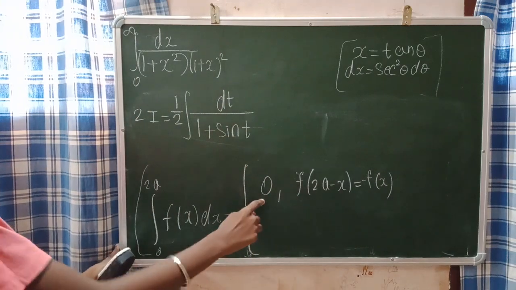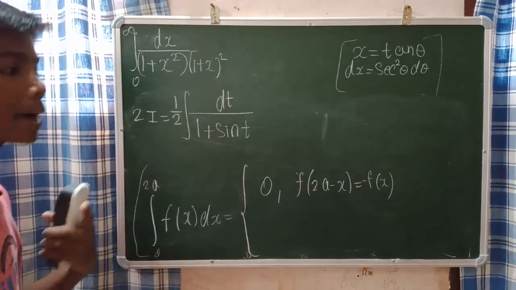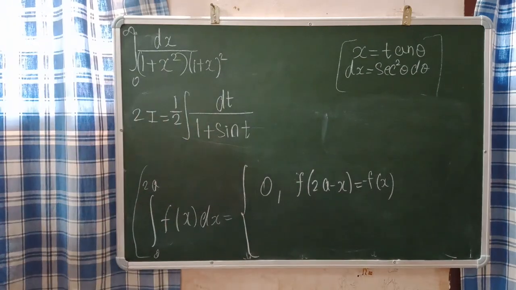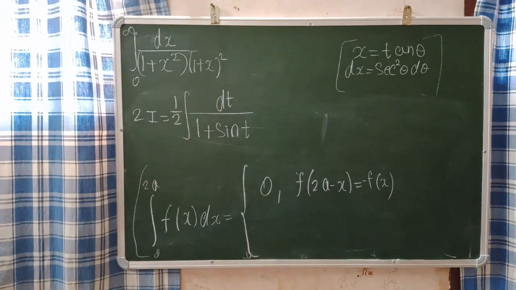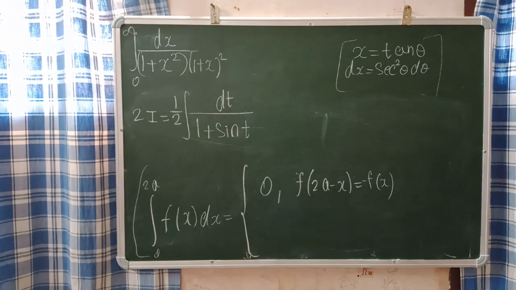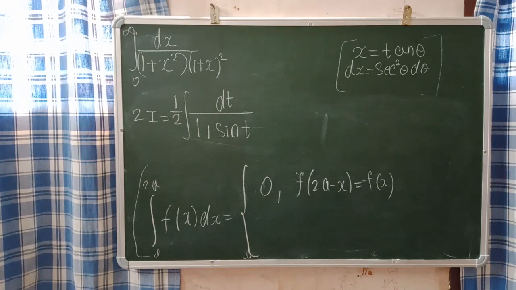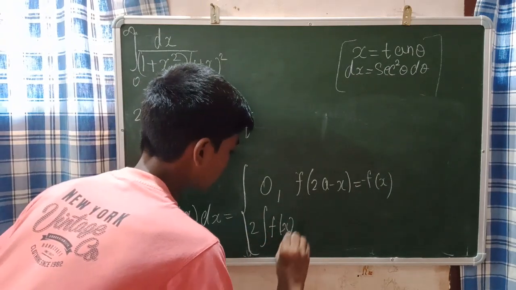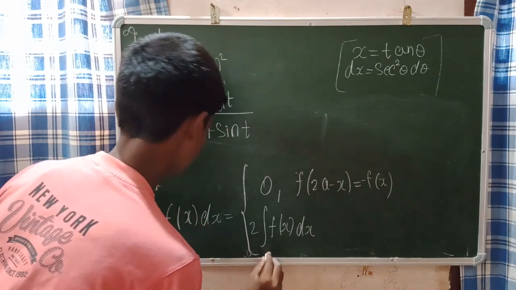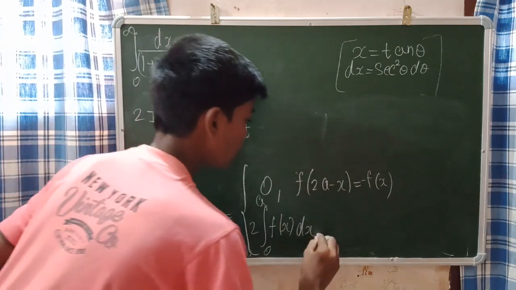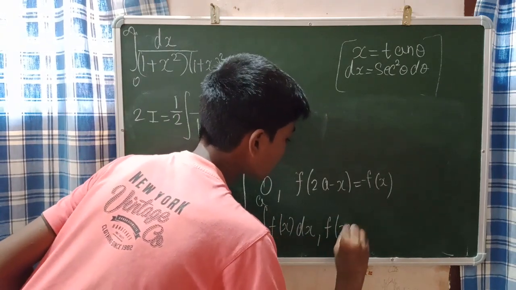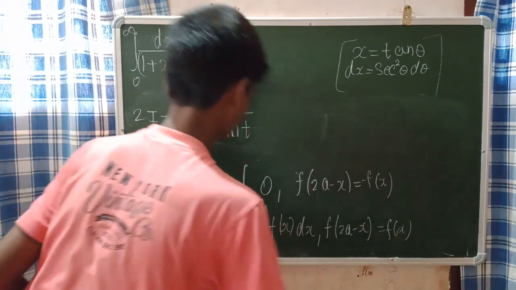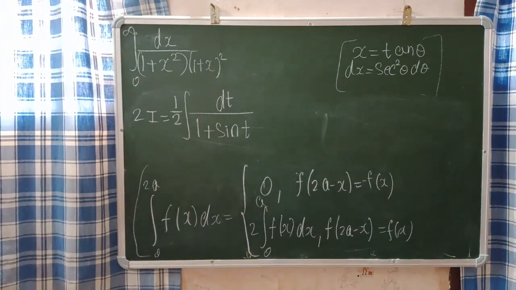The next case is 2 into integral of f of x dx from 0 to a when your f of 2a minus x is f of x. This is the property I am saying. This is a special case.